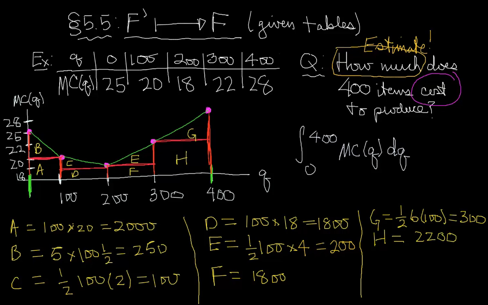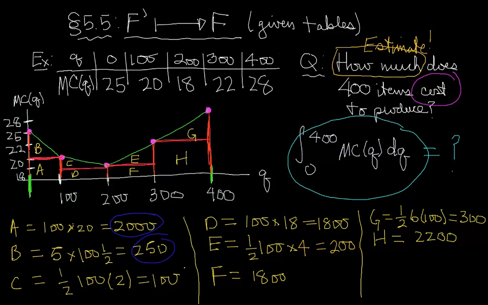Okay, and since we wanted to find this area, remember, the integral, all we have to do is add up all the areas of the smaller regions that we divided it up into. Let's see what we get, just adding them one by one. 2,000 plus 250 is 2,250, plus 100 is 2,350.